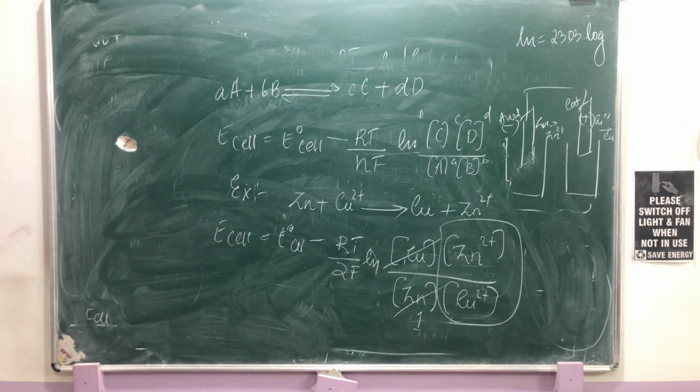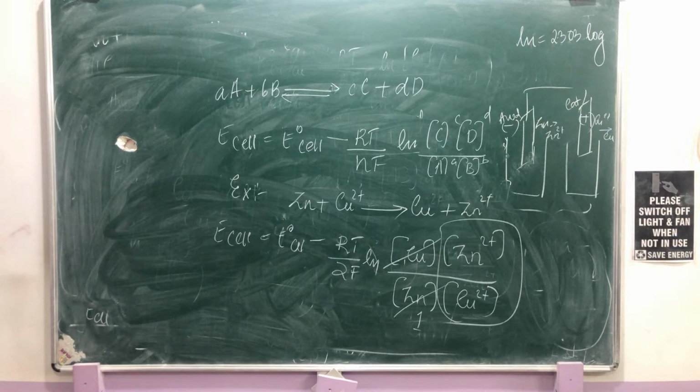Number of electrons participating. What is F? Faraday's constant, 96487. The concentration of M will always be equal to 1, because the concentration of a solid will always be 1. Then Mn plus will be the concentration of the ionized form.